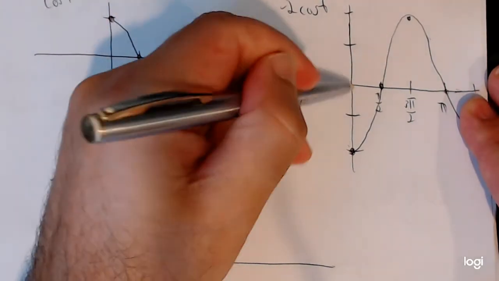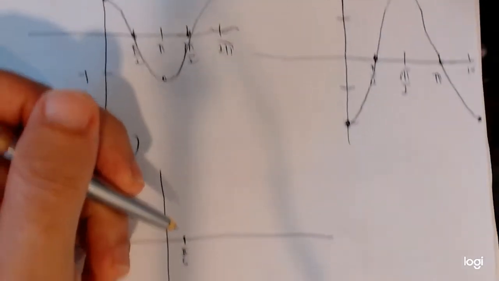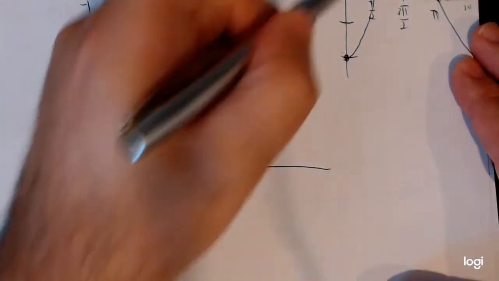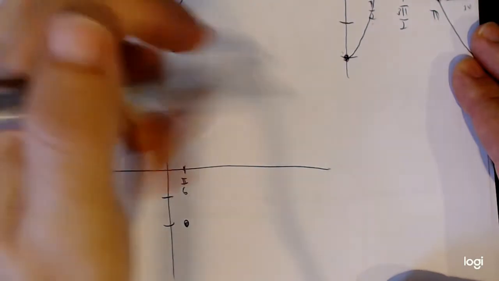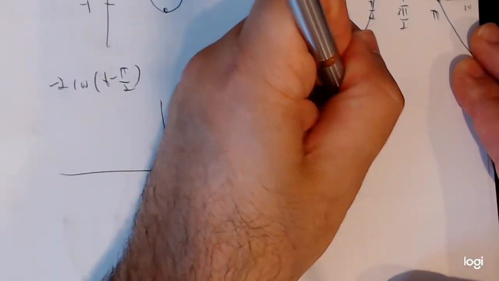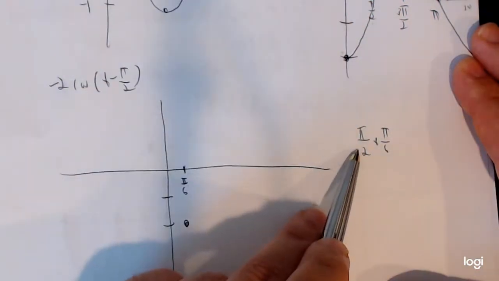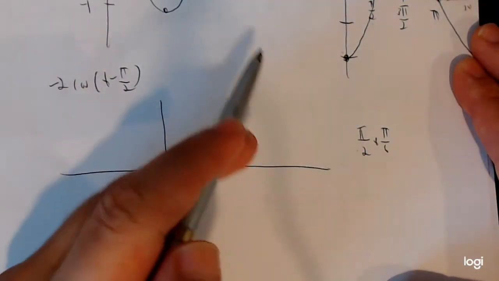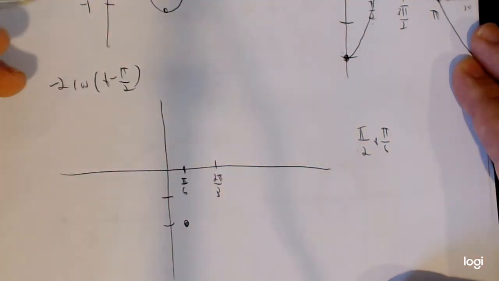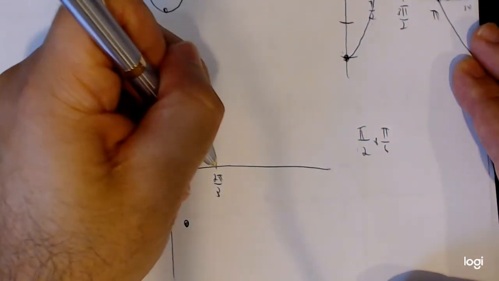At 0 it was -2, but if I add pi over 6, that puts me at pi over 6. Now it'll be -2. At pi over 2 it was 0, but if I add pi over 6 to pi over 2, what do I get? Pi over 2 plus pi over 6 becomes 3 pi over 6 plus pi over 6, 4 pi over 6, which is 2 pi over 3. Right, so I'm just literally adding pi over 6 to these, which then puts us at 0 now.